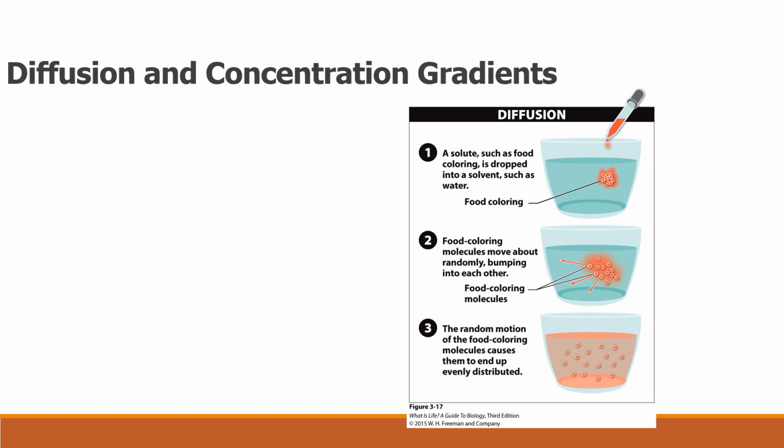What is diffusion? Diffusion is basically the movement of the solutes from high concentration to low concentration. Let me give you an example so it would make more sense. Let's say that you spray some perfume in the room. The perfume molecules are not going to stay stationary.